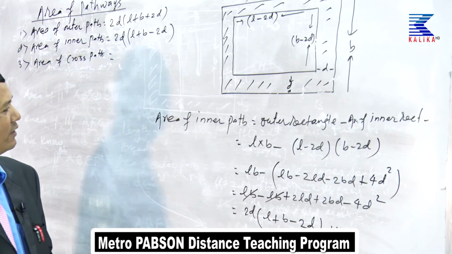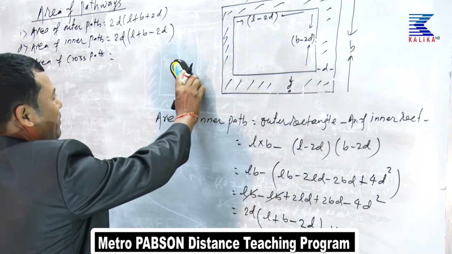Area of cross path. Look at here please.